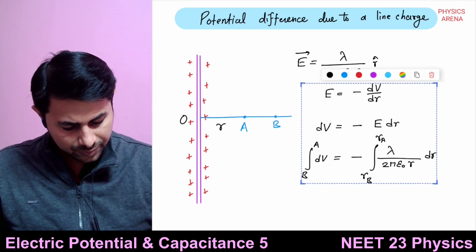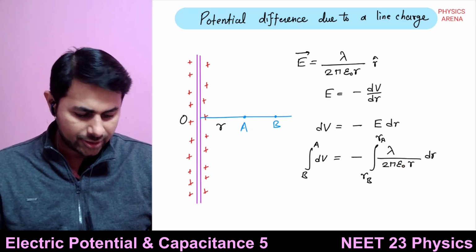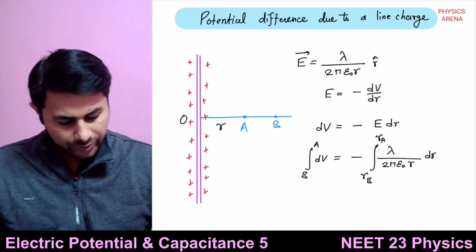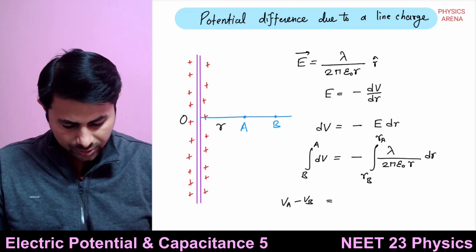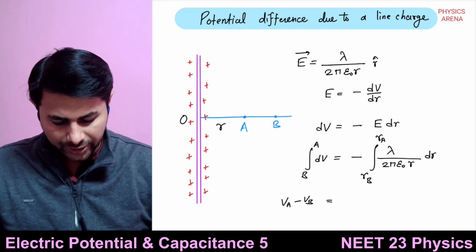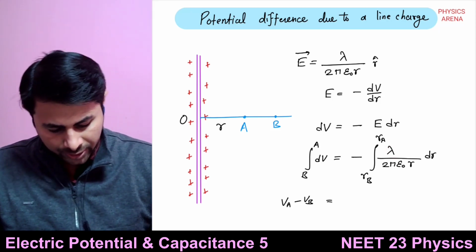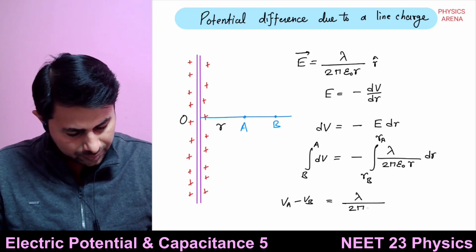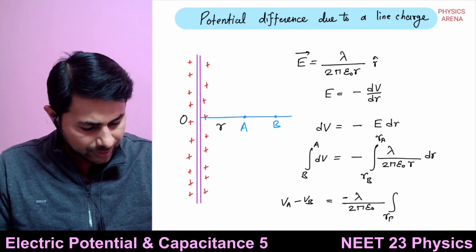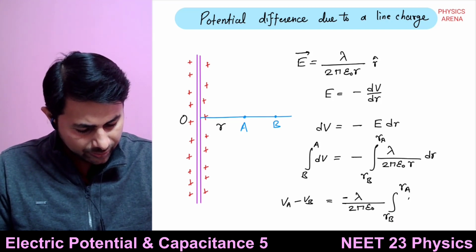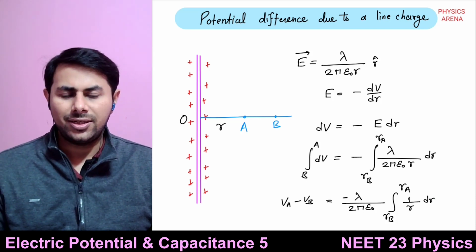And then, lambda is constant, 2 pi epsilon naught is constant. We can take it all outside. So what do we get? It is VA minus VB, the potential difference between these 2 points. It's equal to lambda divided by 2 pi epsilon naught, which we can take out, and its integral is minus the integral from RB to RA of 1 upon r dr. And what is this integral?